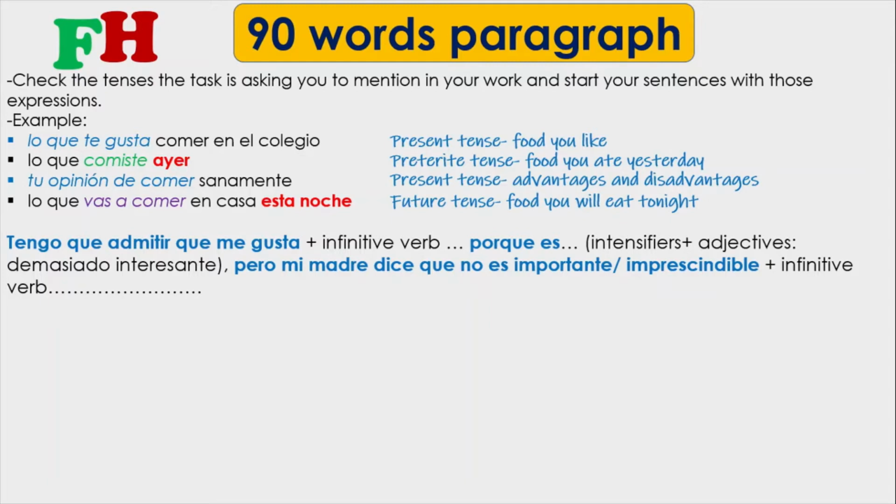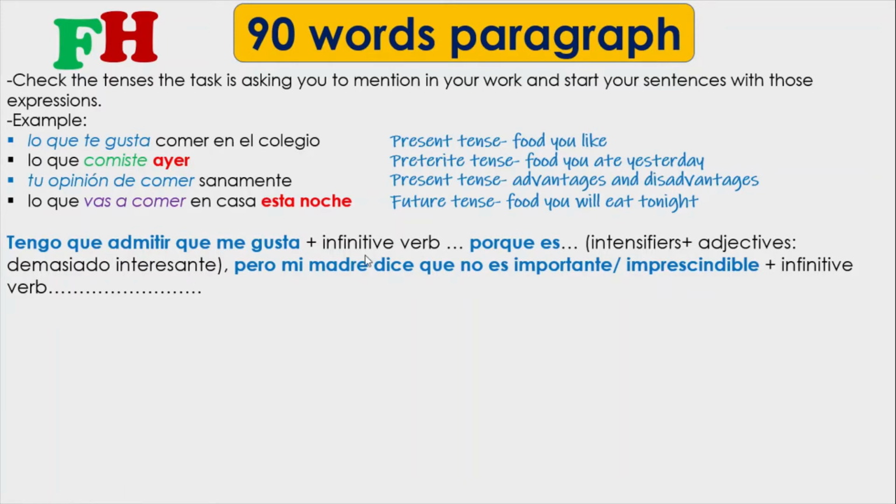The intensifier is very, which is muy, quite, which is bastante, un poco, which is a bit, or demasiado, which is too something, yeah? So, for example, demasiado interesante, too interesting.